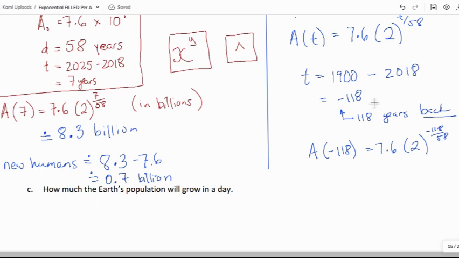All right, pop this into your calculator. I want everyone to be punching this in. Round it to 1 decimal.